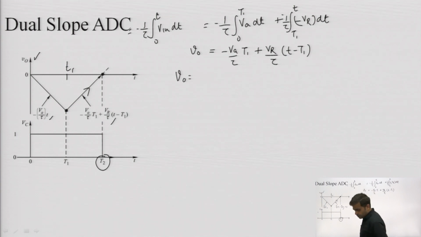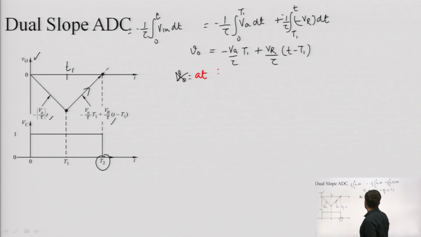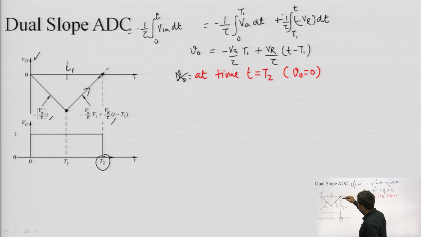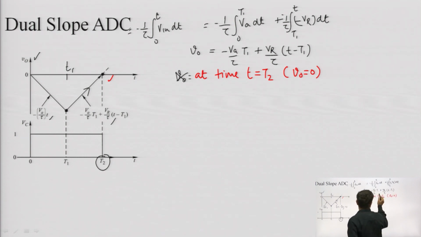So we have to mention here that at time t is equal to t2, V naught is equal to 0, as we can see from this graph. Once this has been reached, we can put this as 0.